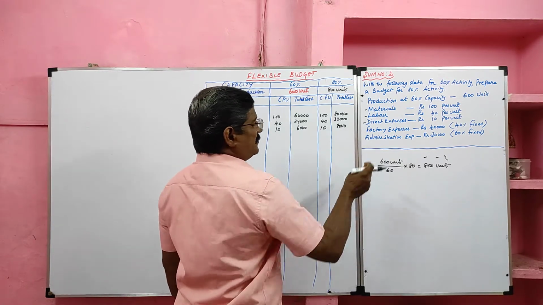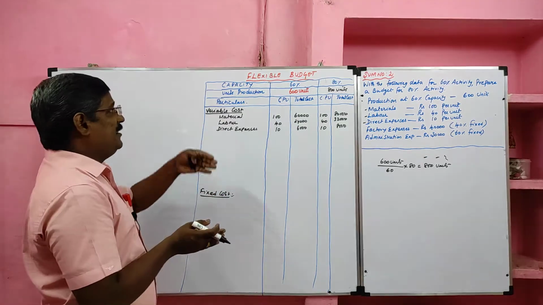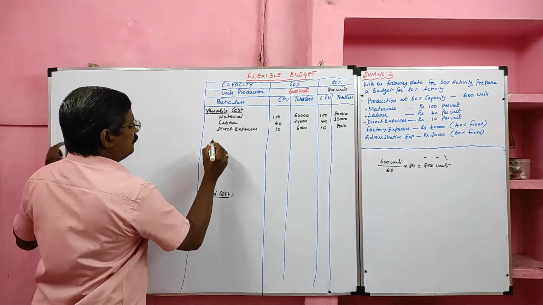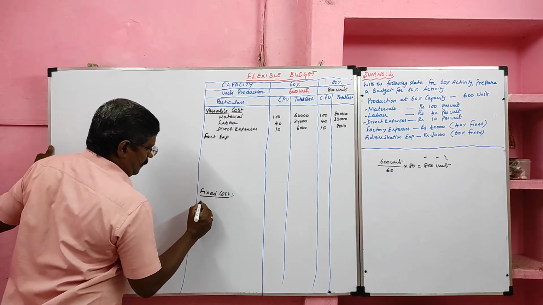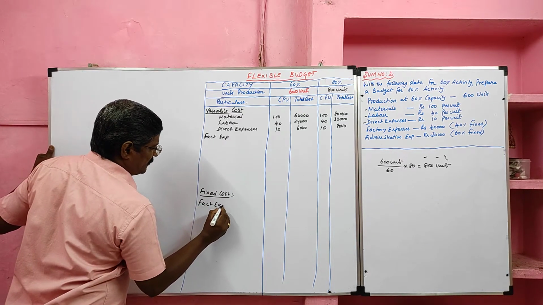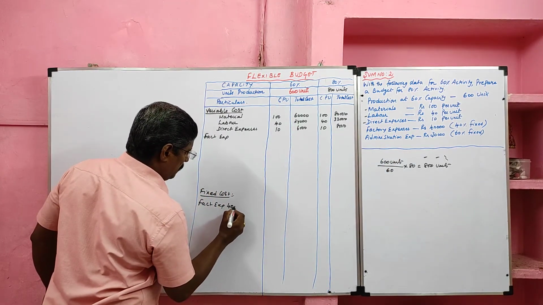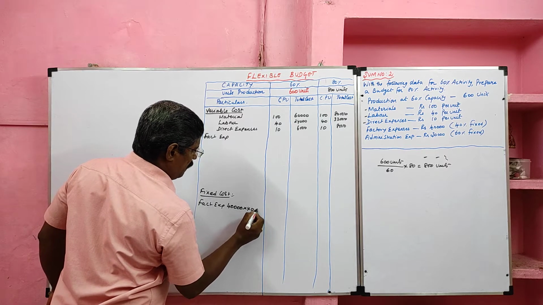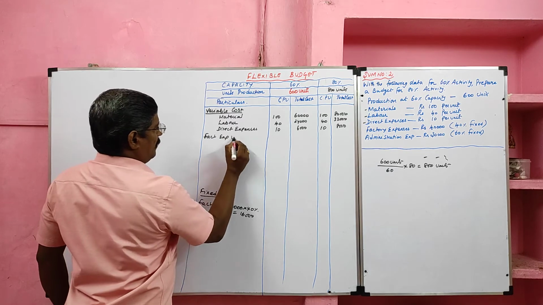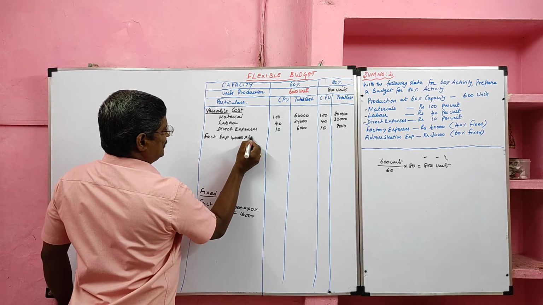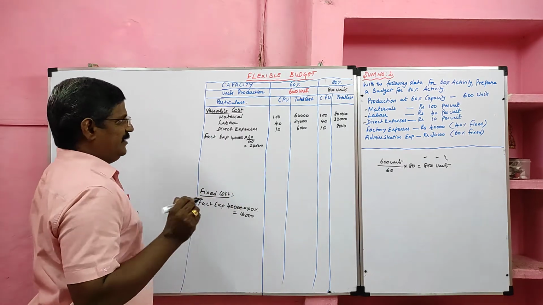Now we have semi-variable cost. We should divide the semi-variable cost into two parts, namely variable cost and fixed cost. Factory expenses, out of 40,000, 40% fixed, that is 16,000 rupees fixed. 60%, that is 24,000 rupees, is variable.